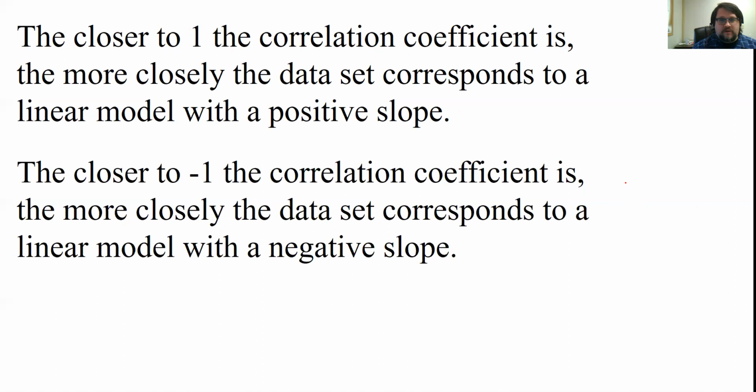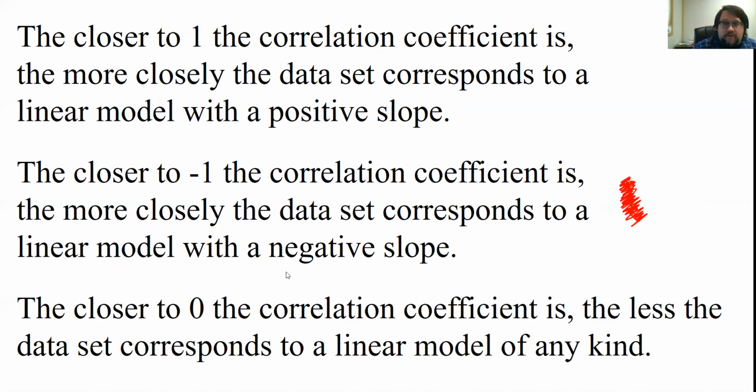You could have a very steep negative line, and that data could have an R value almost -1, but a slope of -1 would be just like a 45-degree angle. So this is not the slope of the line, but it indicates whether it's a positive or negative slope and whether it fits a line very well or not.